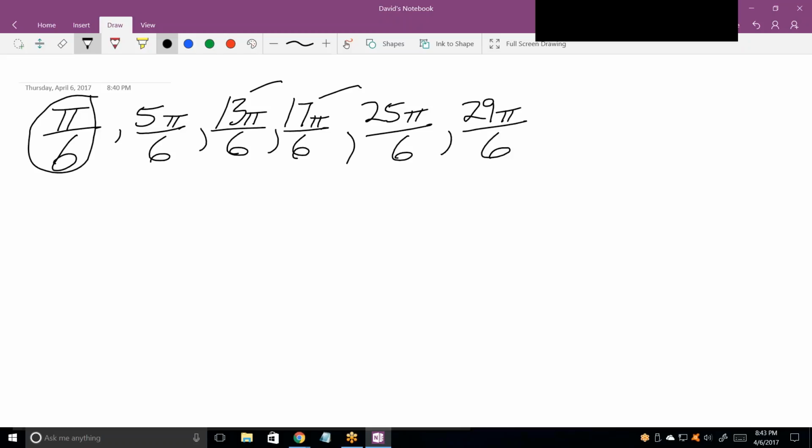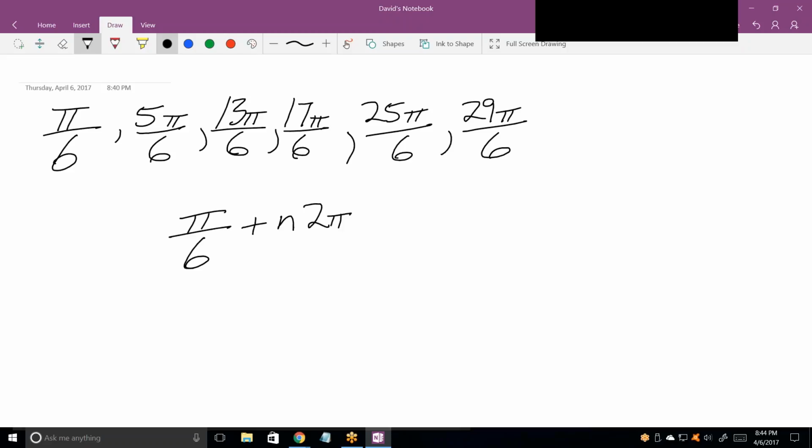Now let's figure out a way to describe this without having to write to infinity. There's a method they must have taught you, otherwise this wouldn't have been in your question. It's pi over 6 plus multiples of 2 pi.